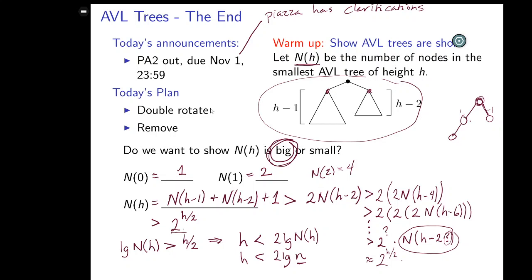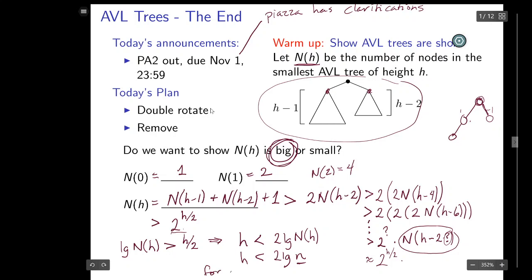So n, the number of nodes in our tree of height h, is greater than n of h. So this is for any AVL tree with height h and n nodes.